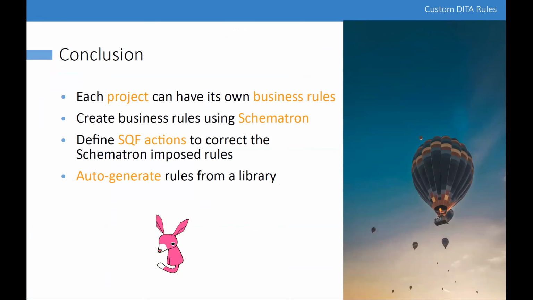You can also define these SQF actions to correct the reported rules, and it helps you if you don't want to make mistakes, and it also helps the user to speed up the work. And you can also auto-generate rules. If you have a library of rules, for example, as I showed in the project that is available on GitHub, you can also start from that project and develop your own library of rules, and then apply it on your projects.